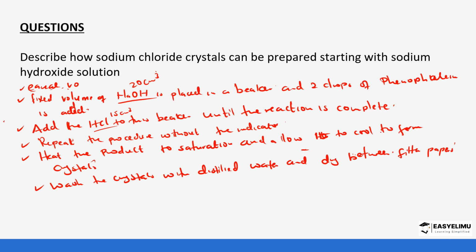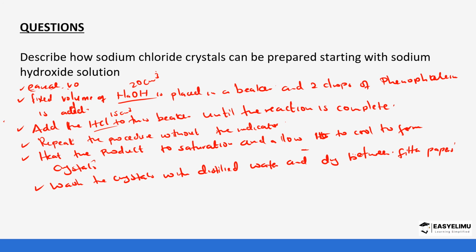Do not forget, you take the fixed amount of the sodium hydroxide solution, you add a few drops of phenolphthalein indicator, in this case it's going to turn pink, and then you continue adding the hydrochloric acid slowly until the reaction is complete. You know that the reaction is complete when it turns colorless. So after that, you note down those volumes that you needed for the reaction to be complete.